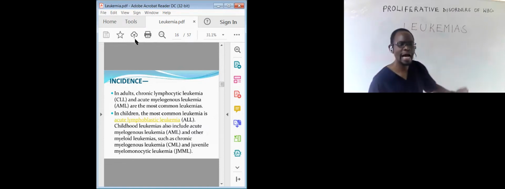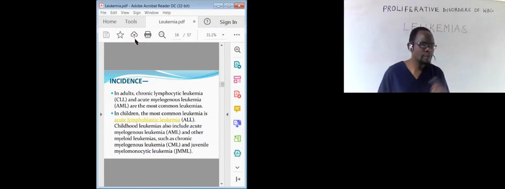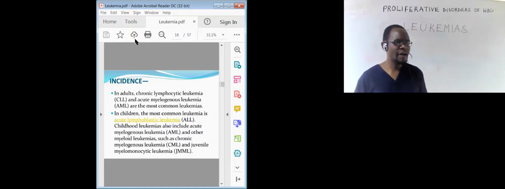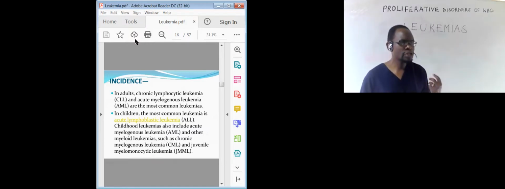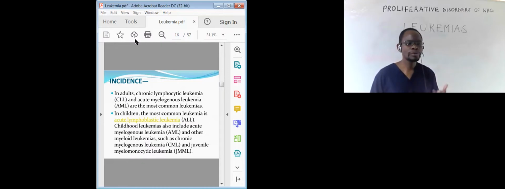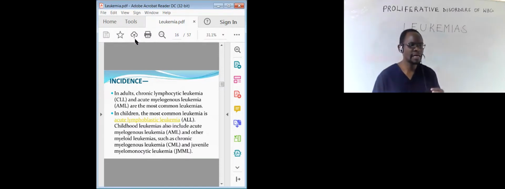That's why it's called acute lymphoblastic leukemia. So this one is prevalent in children, and also acute myelogenous leukemia, and other myeloid leukemias, such as chronic myelogenous leukemia and then juvenile myelomonocytic leukemia. So these are also prevalent in children.